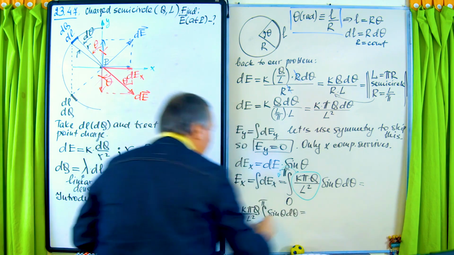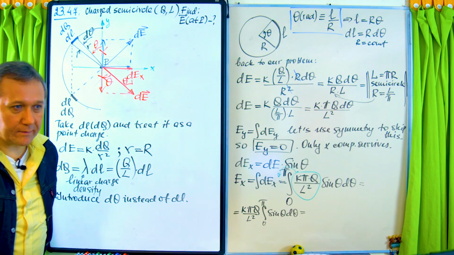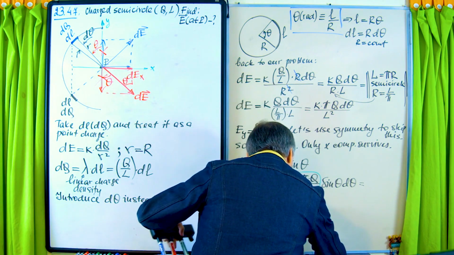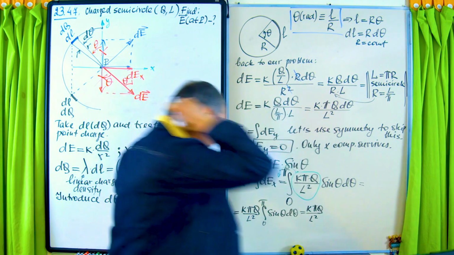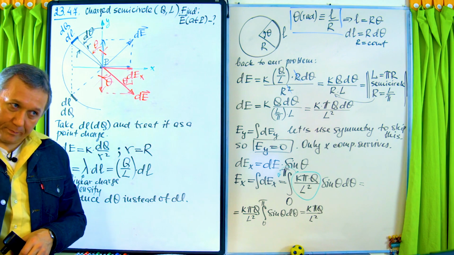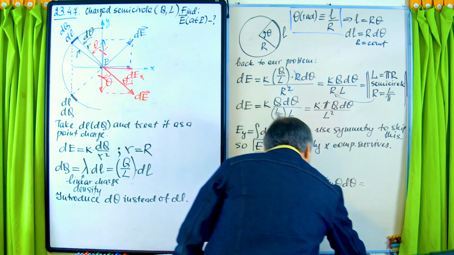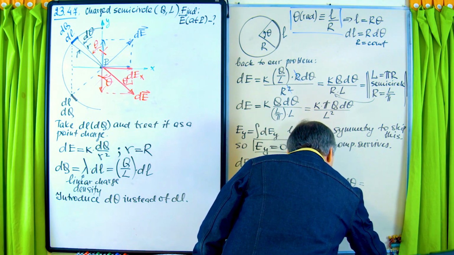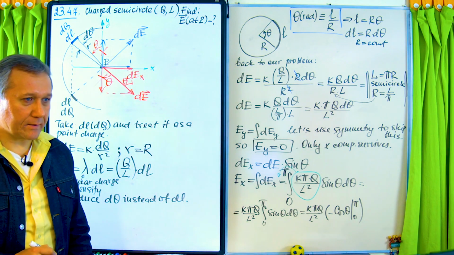This is a trivial integral. The integral of sine is minus cosine. This problem is actually in your homework also, so you'll have to repeat it by yourself at home. And minus cosine theta with limits from 0 to pi.